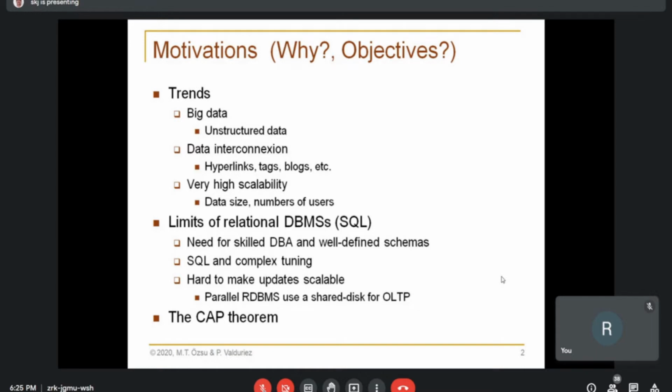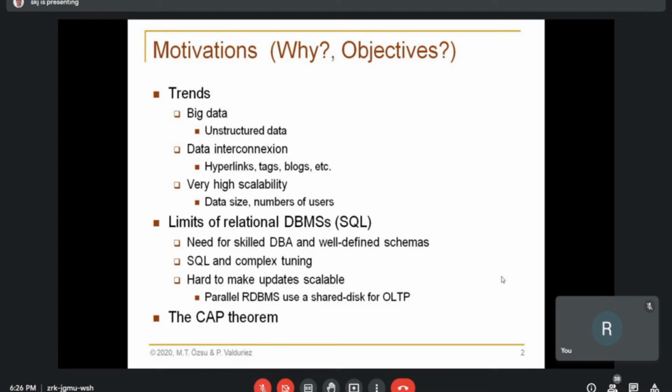So in big data we have today a lot of semi-structured, unstructured data, and we have tags, blogs, web pages, web links. These kinds of applications are common nowadays, and they are available in a very huge size, as we discussed in the beginning of big data analytics.